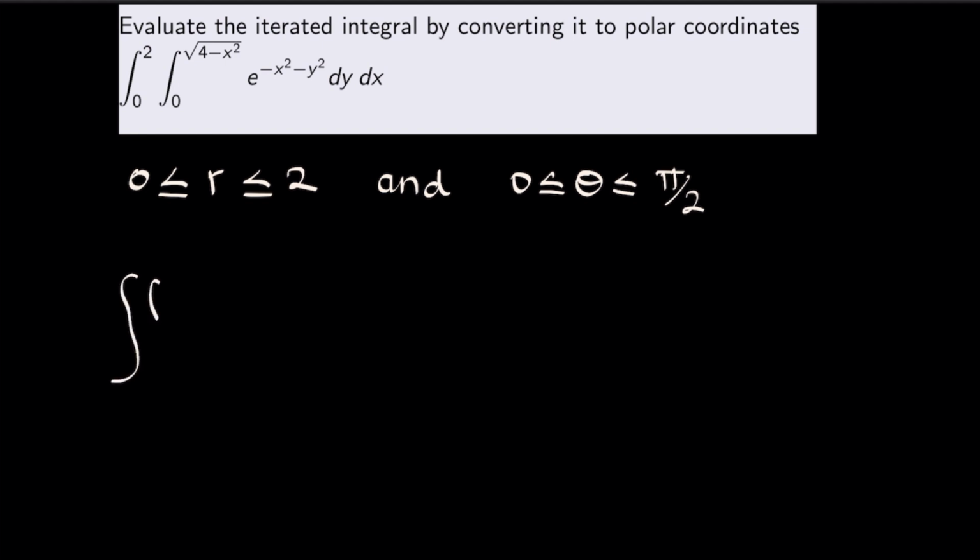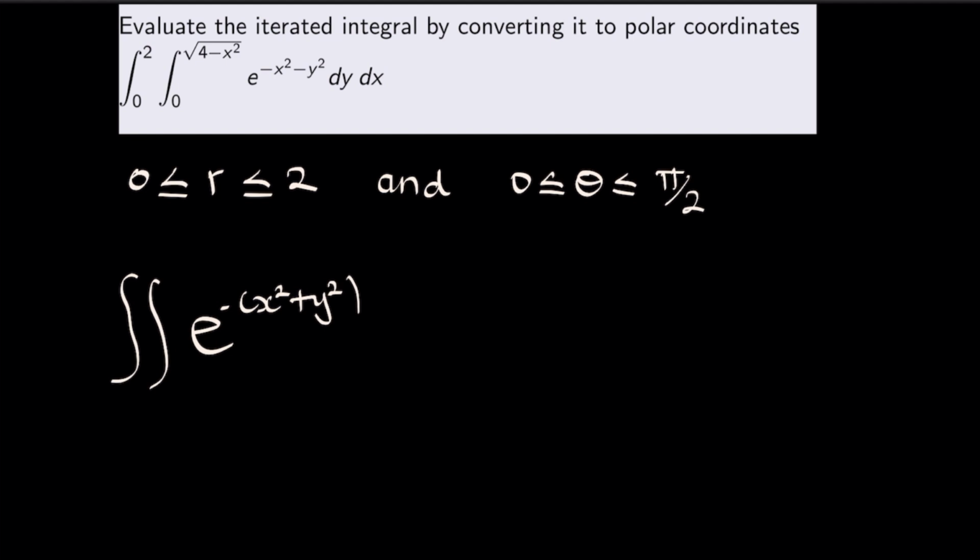So we are going to have the double integral. This function is giving us e to the minus x squared minus y squared. So we can factor out the minus, and here what is left is x squared plus y squared.